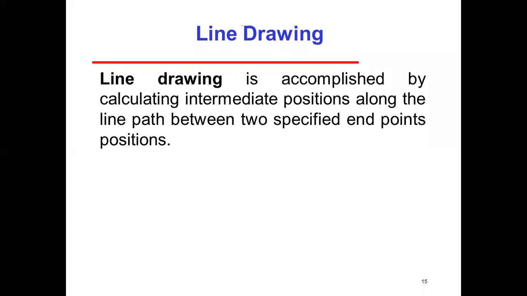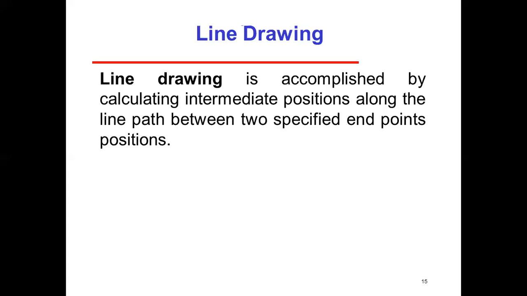How can we draw the straight line? With the help of the incremental method. There are several algorithms which we will use to draw straight lines. So there are several line drawing algorithms.